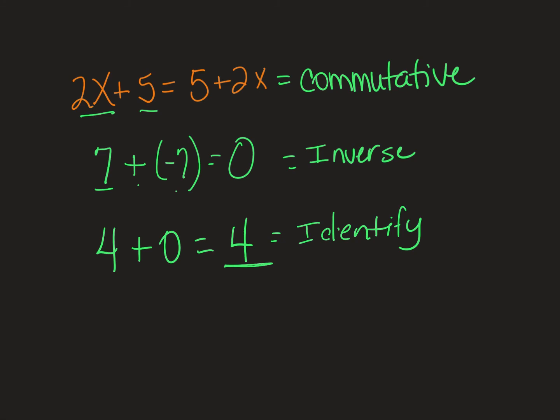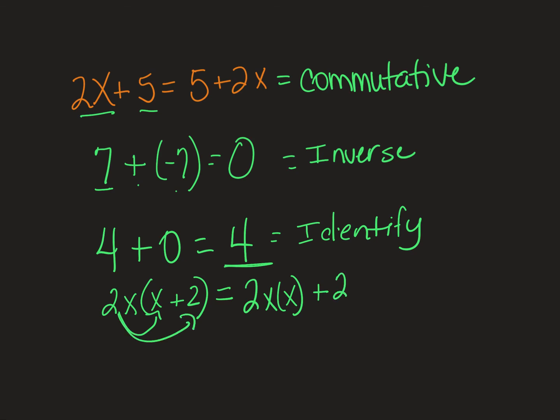Let's look at another one here. We've done commutative, inverse, identity. Of course, let's look at a distributive property one. So if you have 2x times the quantity x plus 2, that is going to equal 2x times x plus 2x times 2.